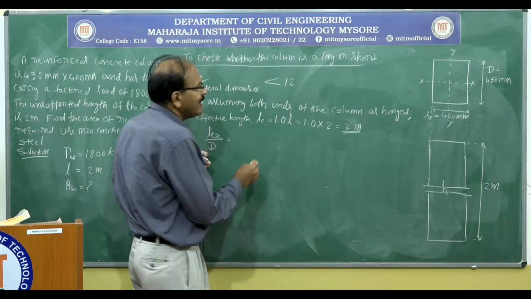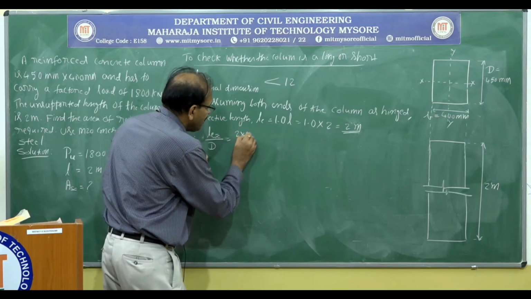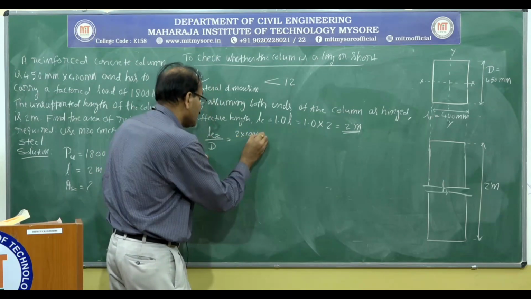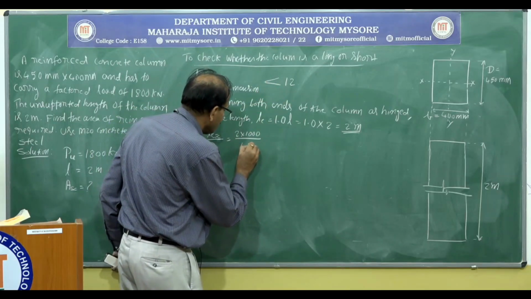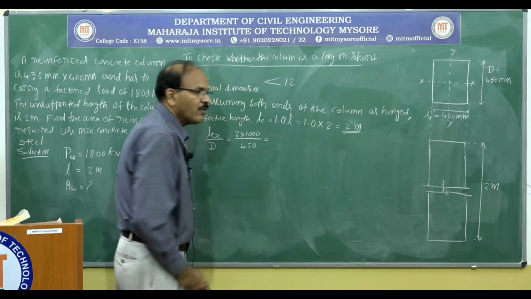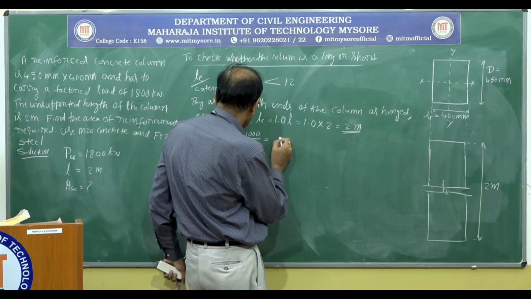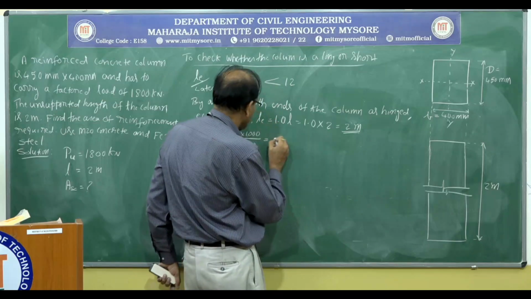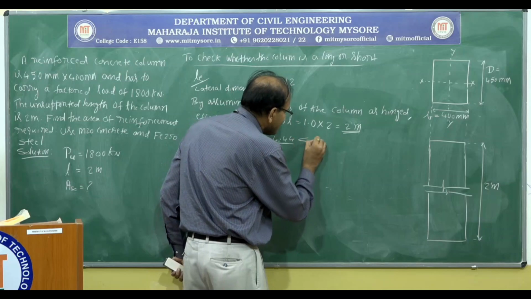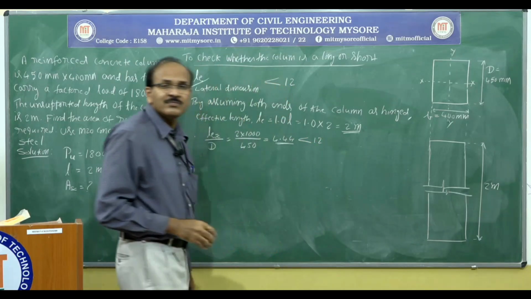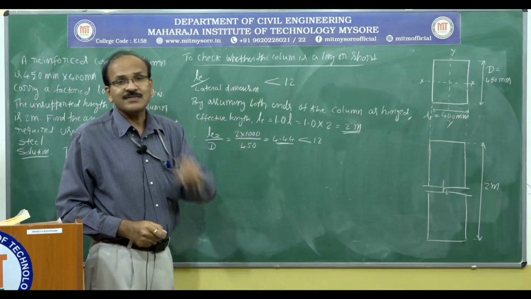So LEX is the effective length 2 multiplied by 1000, and D is 450. I get this value equal to 4.44, which is less than 12. Therefore, the column is short about the x axis.